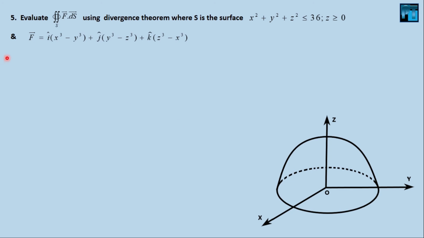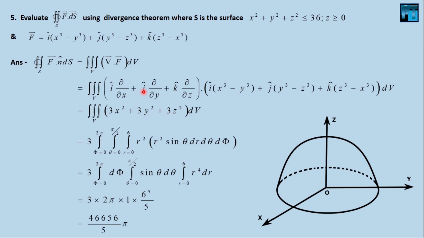Again, if you do the straightforward closed surface integration, then you will have to determine the integrations in 4 different octants and then add them. But instead of that, we have the divergence theorem tool.